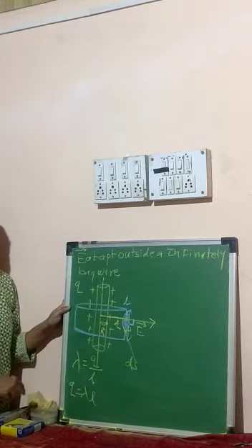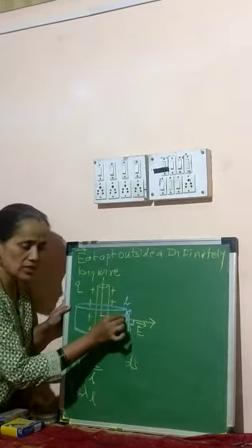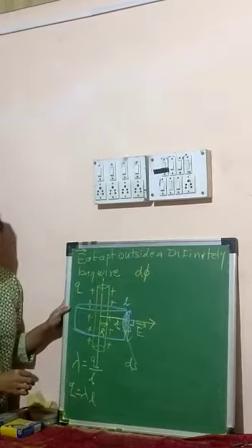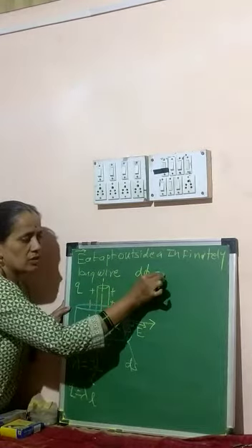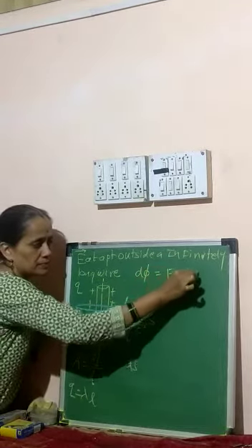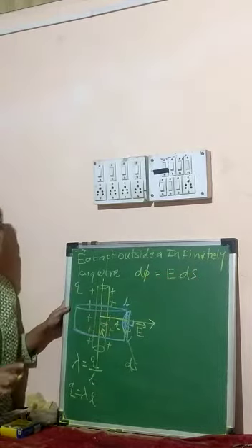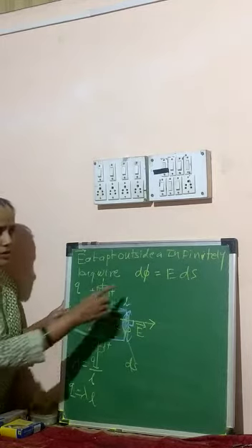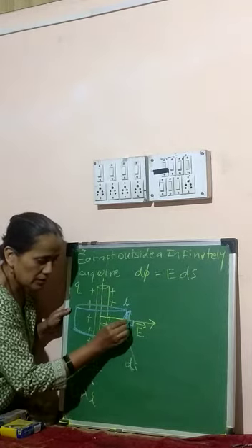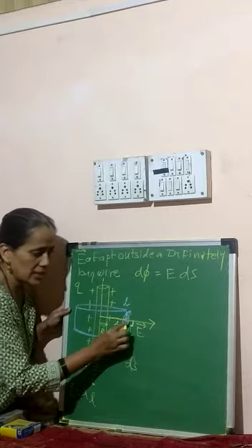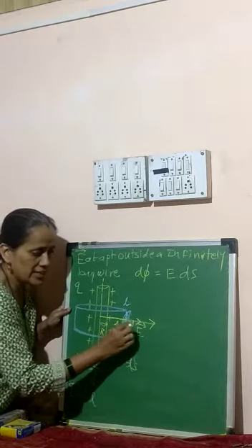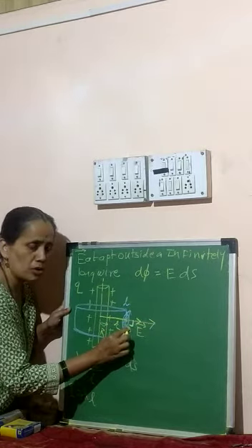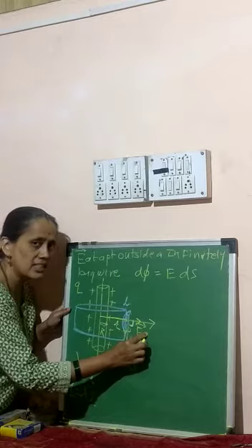As they are perpendicular to each other, through that small surface area ds, I can write down small electric flux, which is equal to nothing but E ds. Same as your previous case, whatever you have considered in case of sphere. Here, this is your perpendicular component of ds, and direction of electric intensity, they are parallel to each other. Therefore, angle between perpendicular component of ds and electric intensity E is 0.